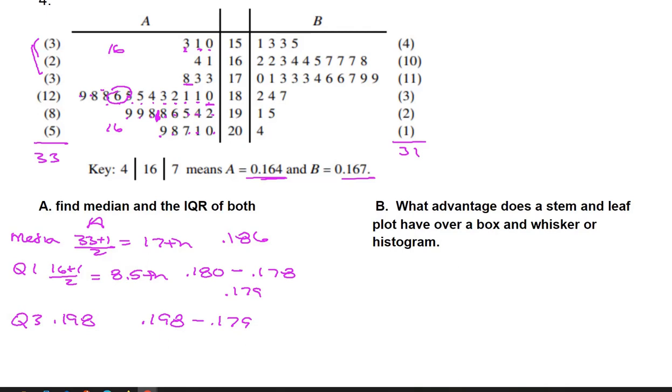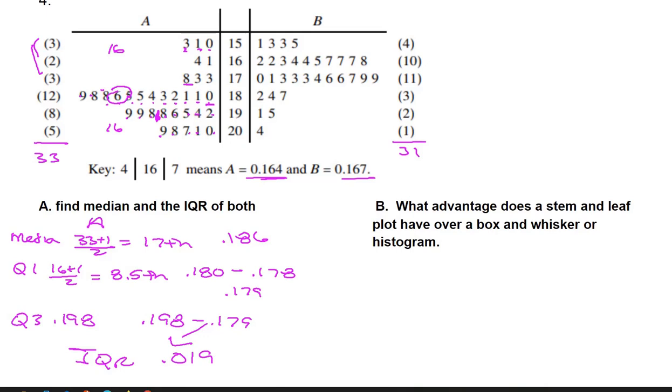Oops, I'm screwing up here. 0.198 minus 0.179. And that's going to give me 0.019 as the IQR.